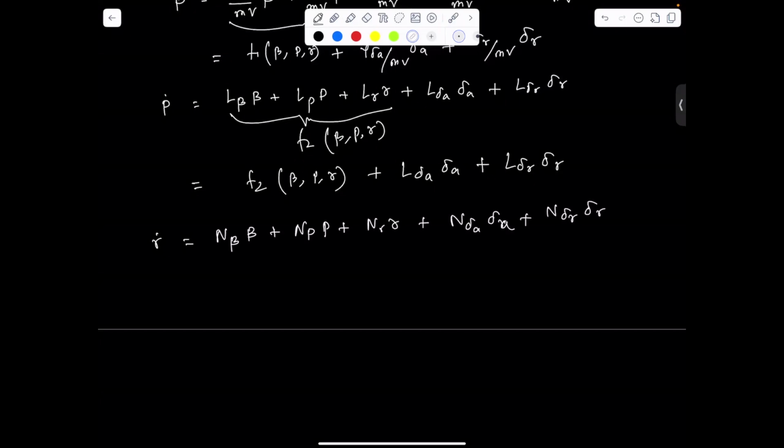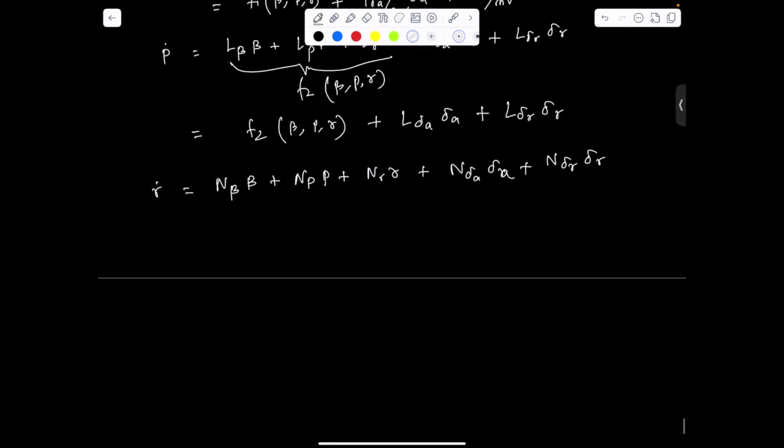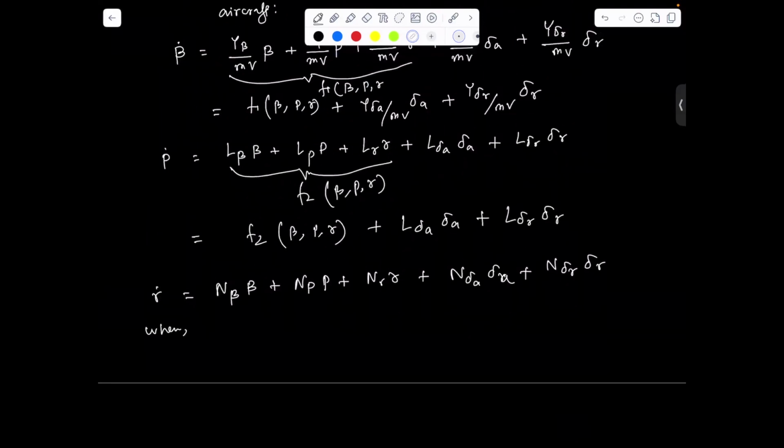So these are basically moment coefficients, aerodynamic derivatives, the coefficients L beta P R. Okay, let me define what these parameters are. This whole system is basically the lateral motion dynamics of an aircraft, right?